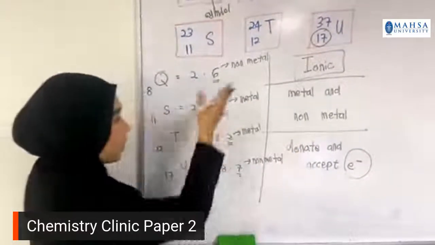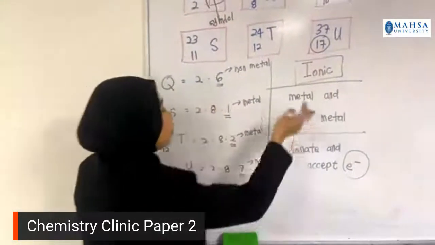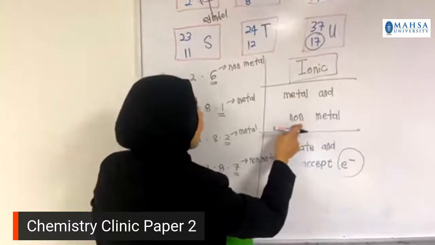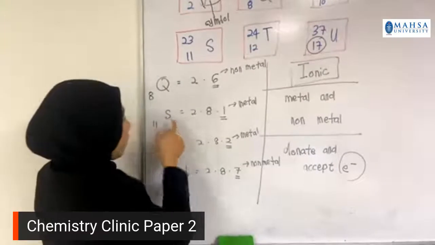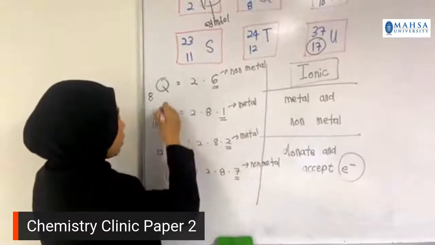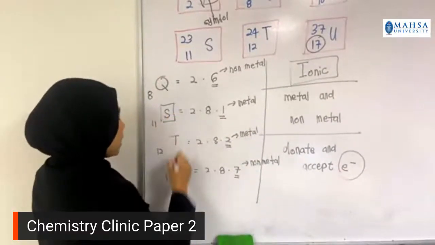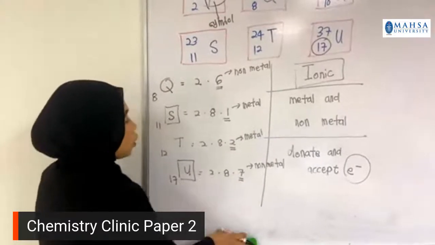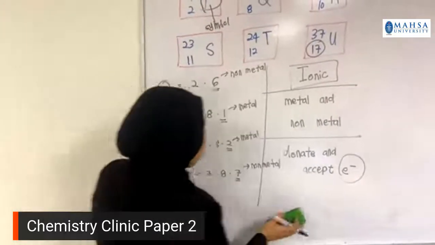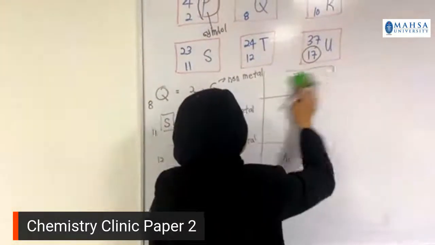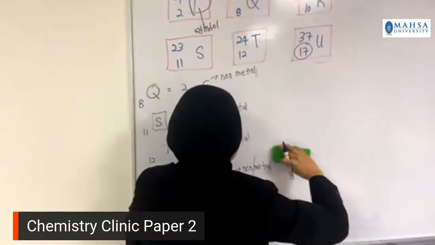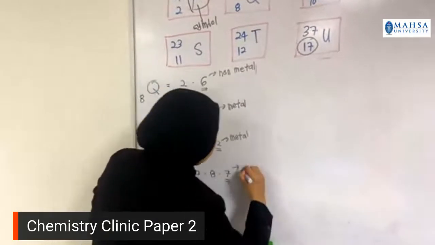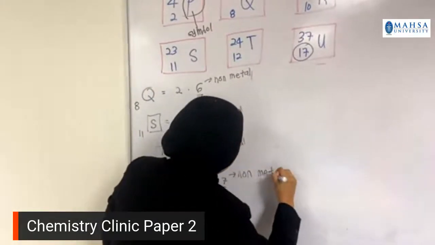Okay, now you already have this, whereby you need to find a combination of a metal and non-metal. For example, I want to do metal and non-metal between S and U. Okay, go back to the question.